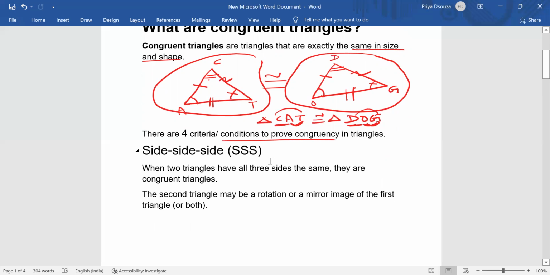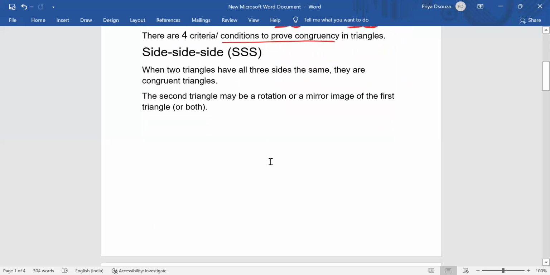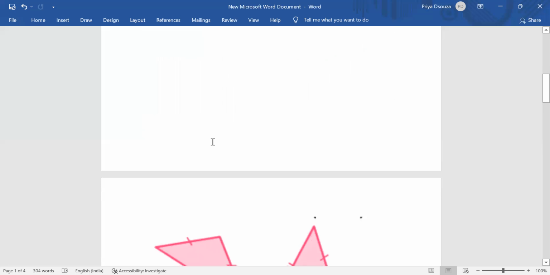The first thing that we shall see is the SSS criterion, or side, side, side. What is happening here? Of course, you're given two triangles. If two triangles have all the three sides the same, they are congruent triangles. The second triangle can be a rotation or a mirror image of the first triangle, or both.